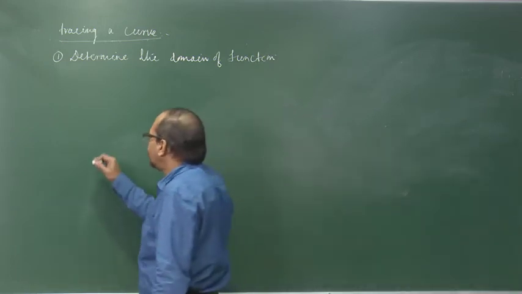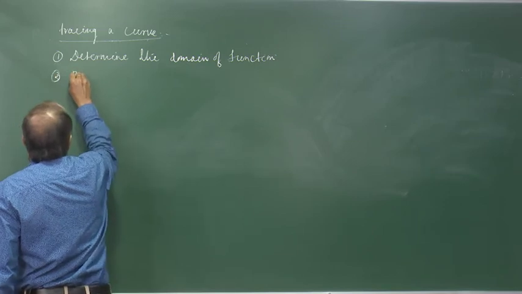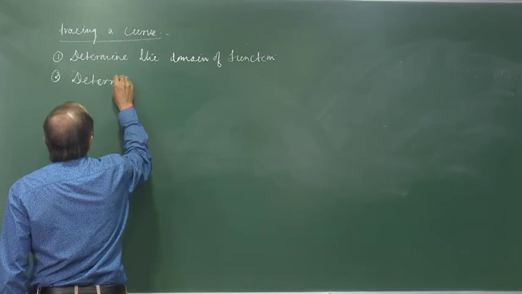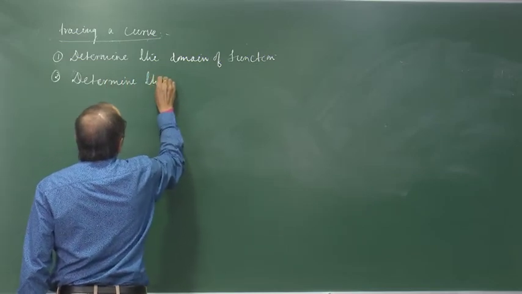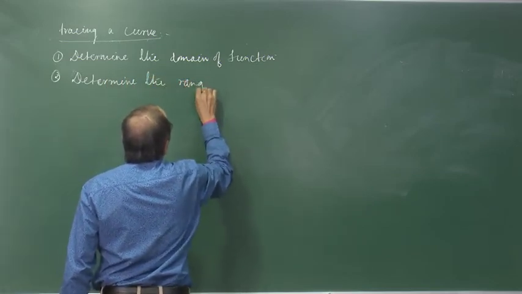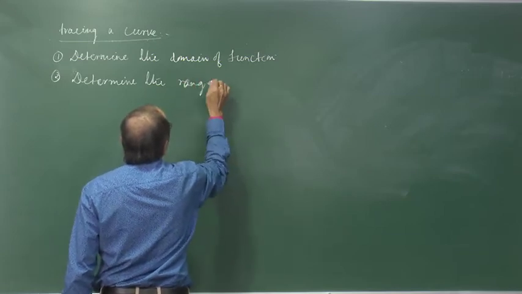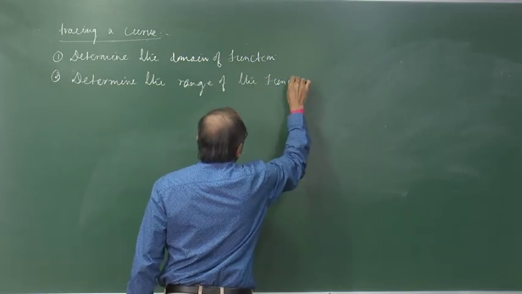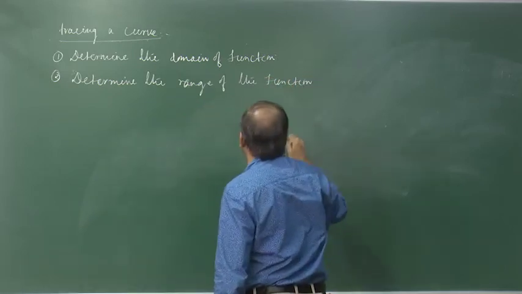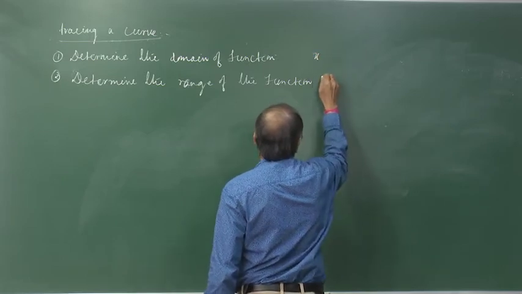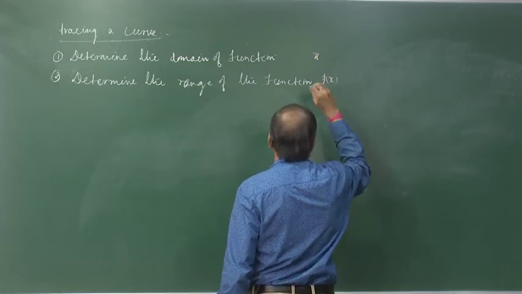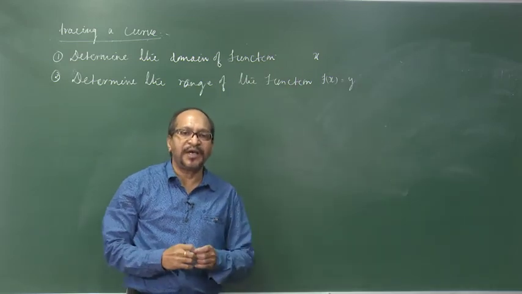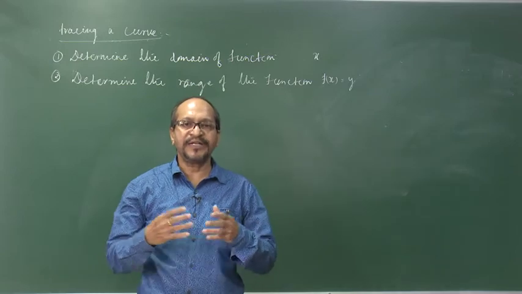Then if possible, we will determine the range of the function. So, once you define the domain and range, domain is the entire x and range is the f of x, y, right. Then you can have the idea to what extent the curve is spreading.